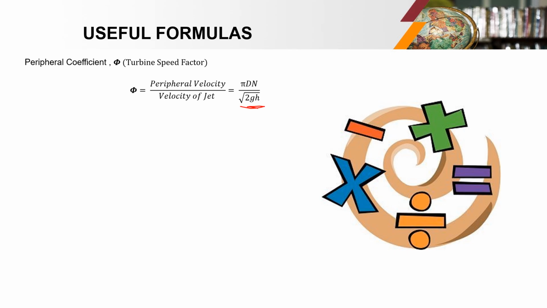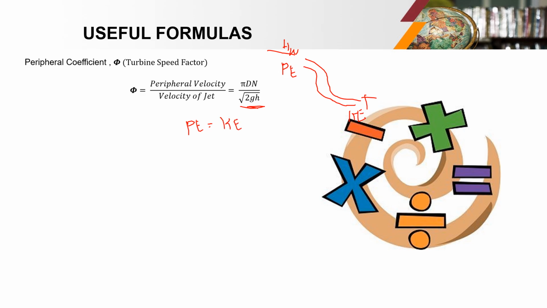Yung square root of 2gh na to, 'di ba? Sabi natin yung sa headwater natin, this is the headwater, this is potential energy. Tapos pupunta siya papunta dito kay turbine natin, 'di ba ito yung penstock, mag-flow siya papunta kay turbine, magiging kinetic energy. So if by the virtue of conservation of energy, the potential energy will be purely transformed into kinetic energy.